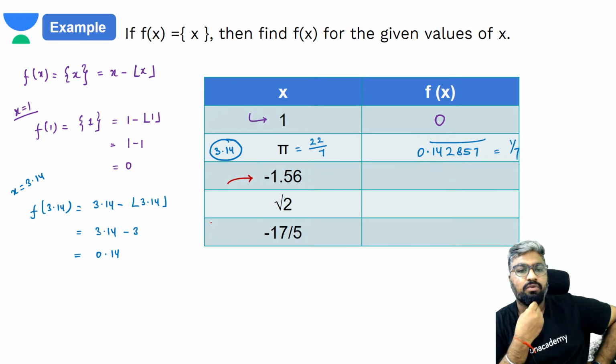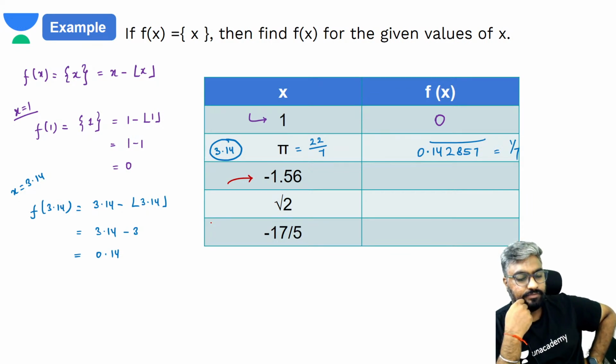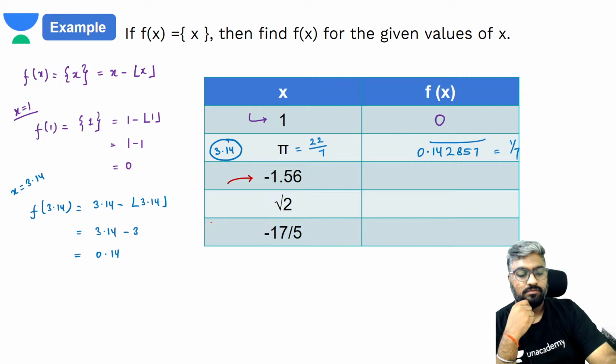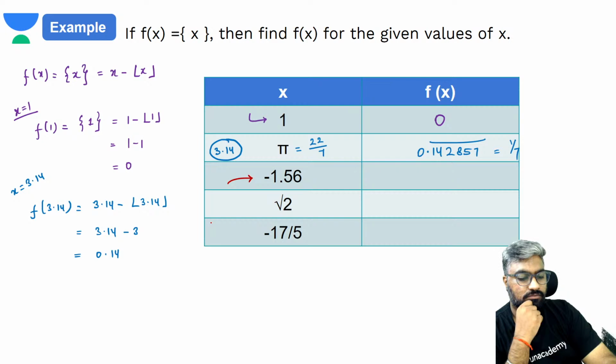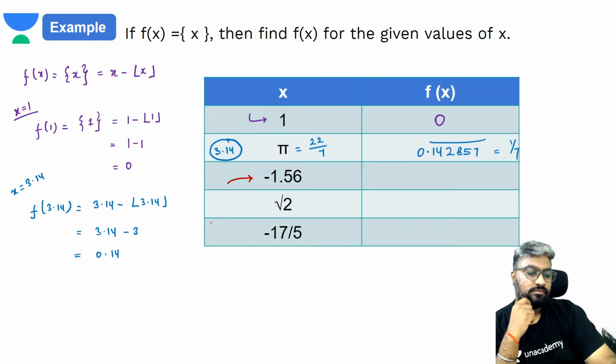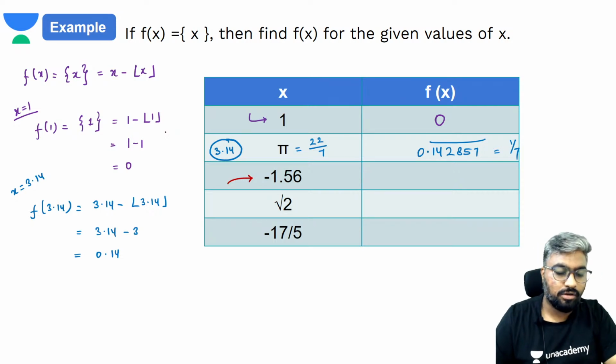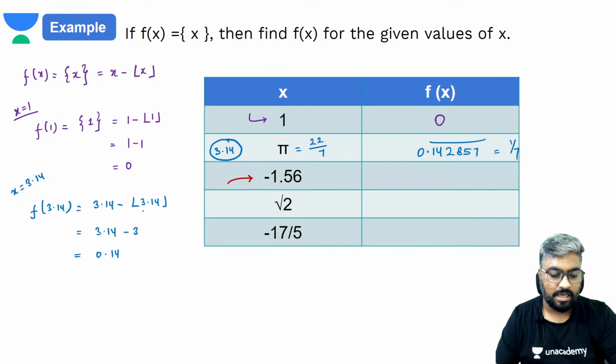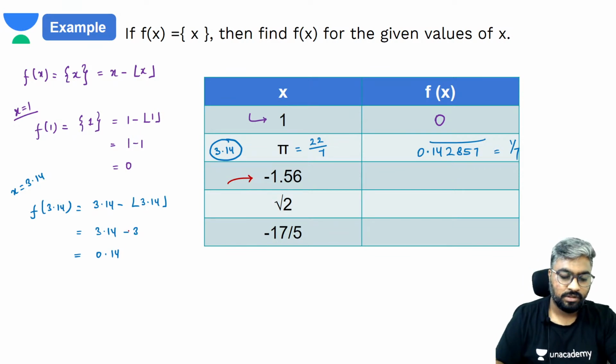Minus 1.56. Very good. 0.44, not 0. Yeah, 0.44 is right. Super.